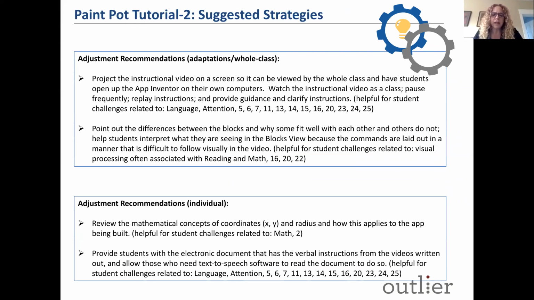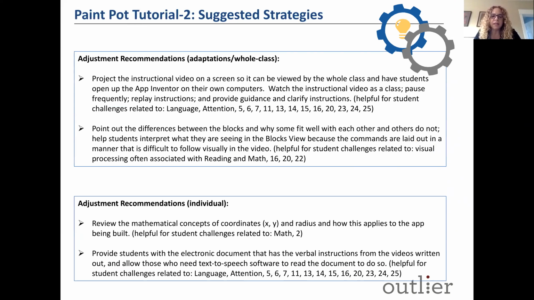Another thing that needs to be done quite often is, for some kids with visual spatial issues, just really highlighting the differences between the blocks. While they're projected, really guiding their eyes to see how they differ and why some might fit well with others. I think the blocks were intentionally designed that way to provide cues visually to the user.